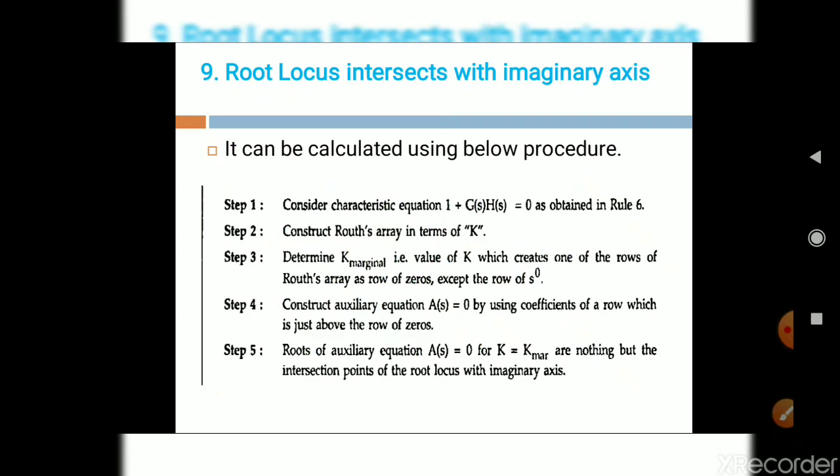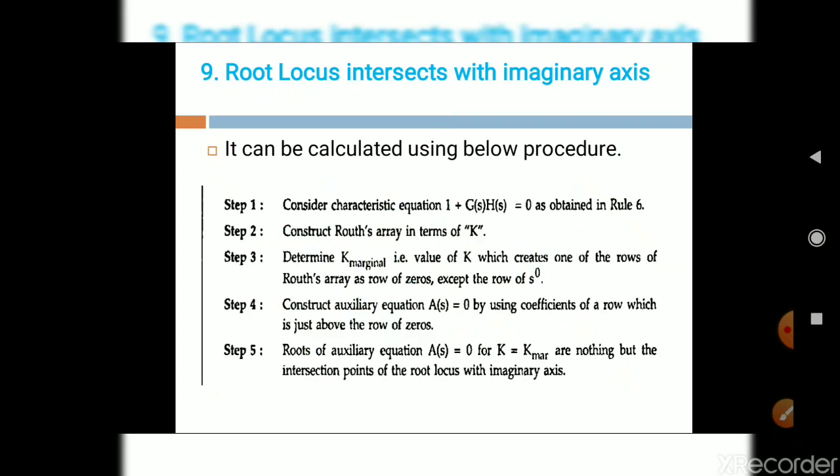If you continuously vary the gain k, then these poles may cross the imaginary axis, and the poles will move into the RHS, and in that case the system will become unstable. So we need to find the marginal stability of the system, meaning the point at which the poles will cut the imaginary axis.